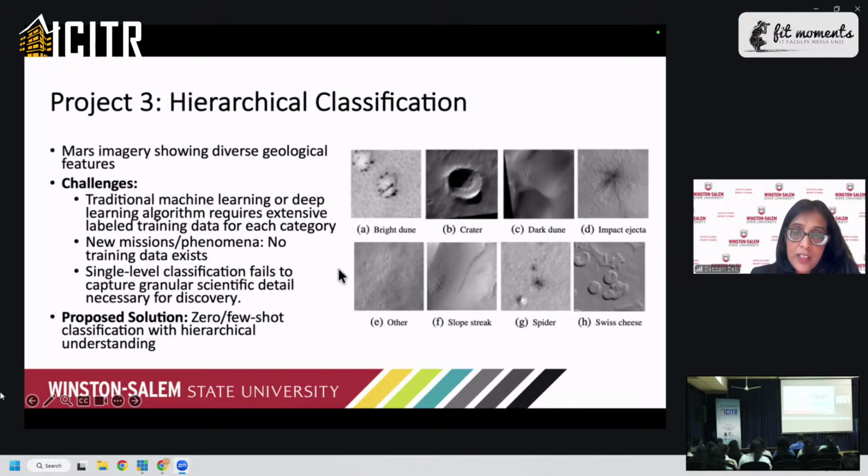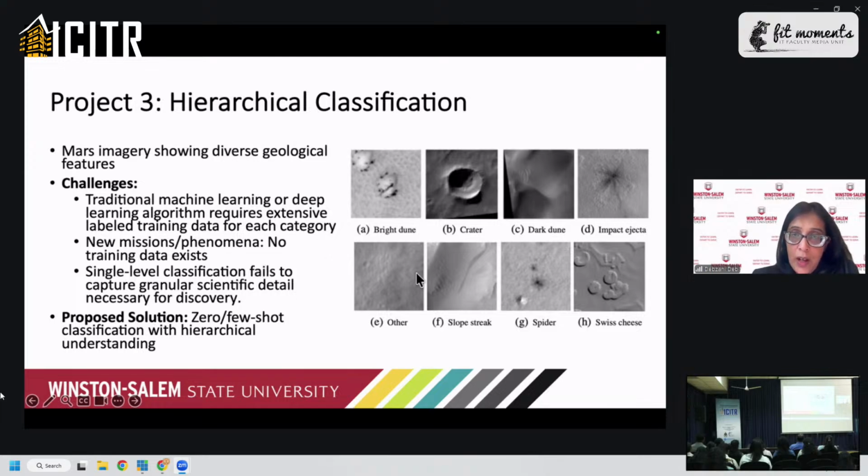For example, for some mission that NASA is executing and sending all those pictures, the experts didn't have any time to sit down and identify and classify the images, like bright dune or crater, so that we can feed those labeled images to our traditional CNN or machine learning algorithms and get some answers. So this is not applicable. The CNN-based approaches are not applicable for brand new mission data.